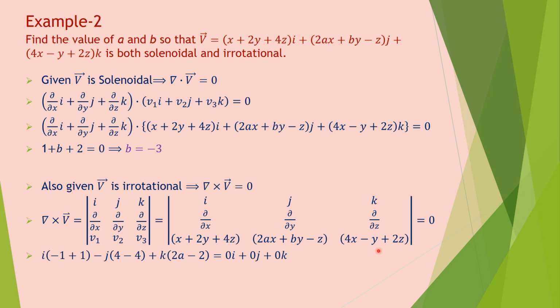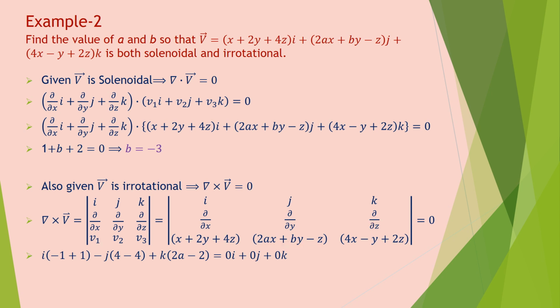Since only the y term is there, minus y, its derivative is minus 1. 4x gives 0 because we are differentiating partially with respect to y, and the derivative of 2z is 0 as well. So ∂/∂y of 4x minus y plus 2z is minus 1. So we write i into minus 1 minus ∂/∂z of 2ax plus by minus z. This is also minus 1.